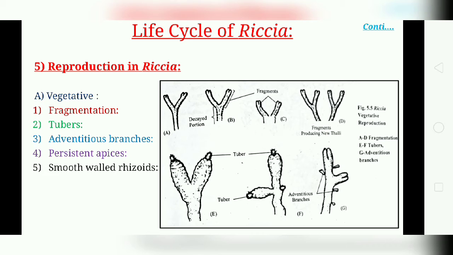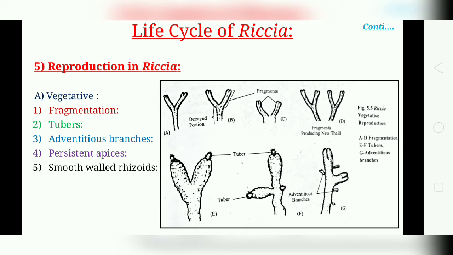Now the next is persistent apices. The apices of the thallus grow down into the soil and become thickened at the end of the growing season. These apices resume their growth during favorable seasons, come above the soil and develop into a new plant.